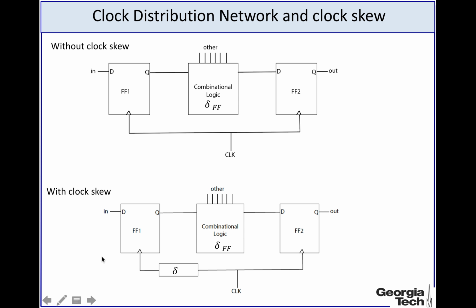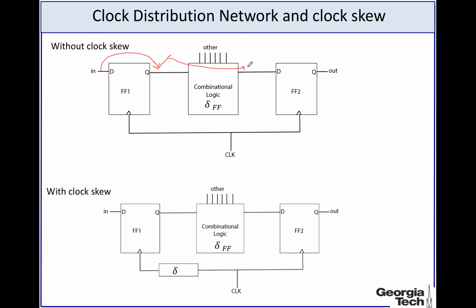So let's look at a simple system like this. In the first case there is no clock skew, meaning that both of these flip-flops get the clock signal at the same time. When the clock signal arrives, this input goes in here at the edge of the clock signal, and then it takes delta ff amount of time to reach this input to be processed, so that the input can be converted to the processed signal over here.